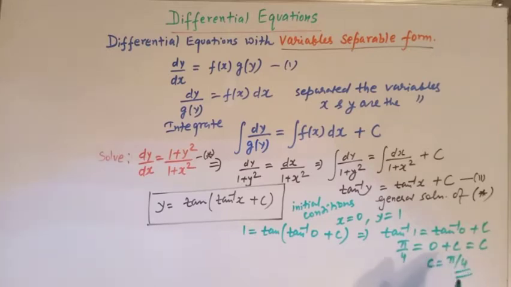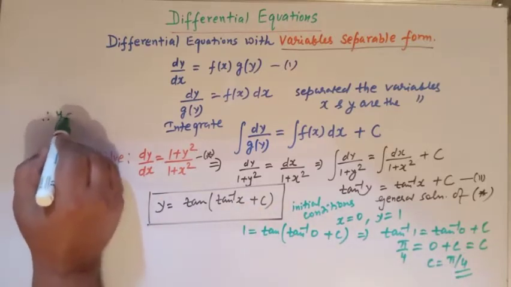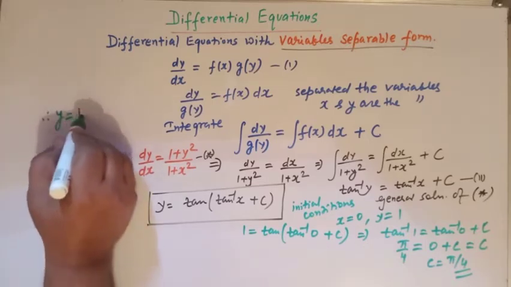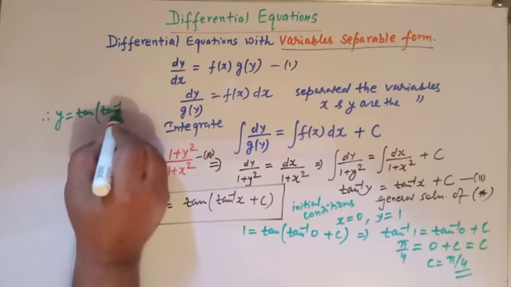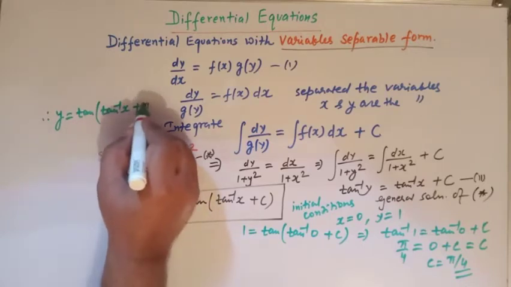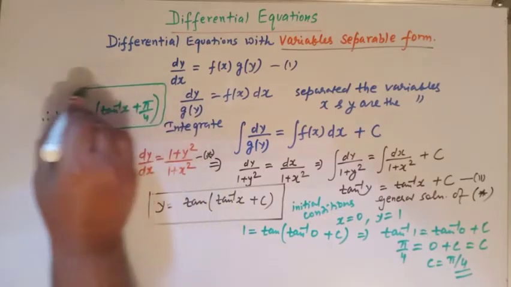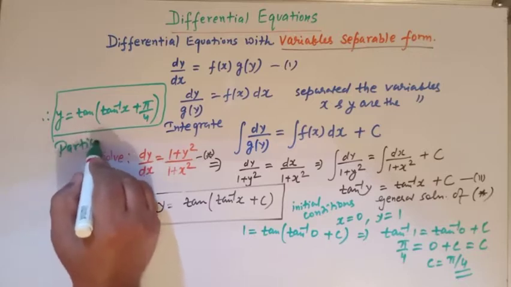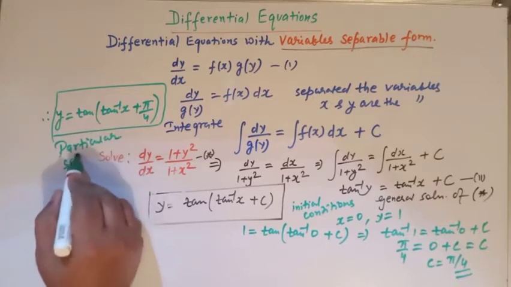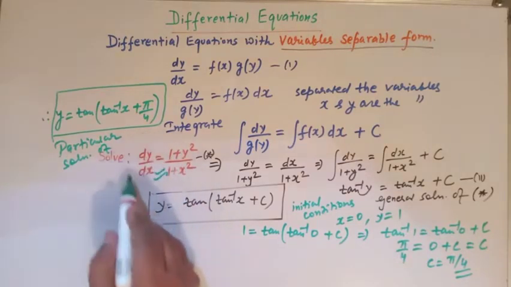Now we substitute this value of c in this equation. So therefore we get y is equal to tan of tan inverse of x plus pi by 4. So viewers, this is called the particular solution of this differential equation.